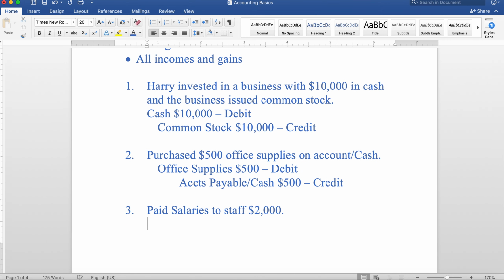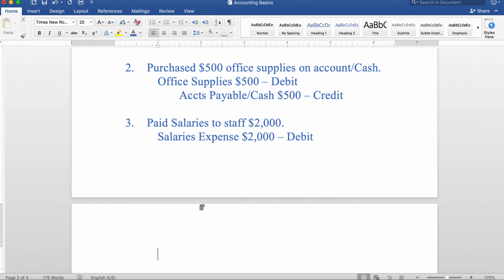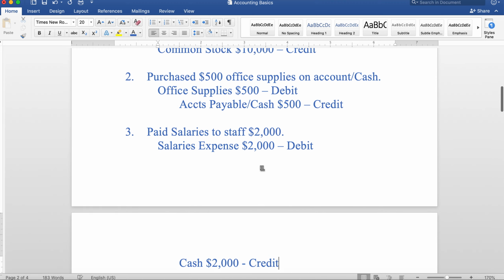So we can do salaries expense debit, which is $2,000, and we need to credit cash, which is $2,000 credit. So this is how we identify debit and credit.